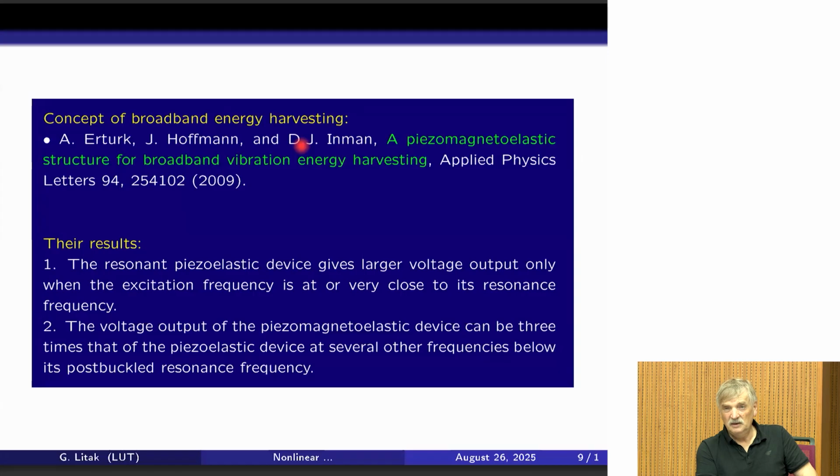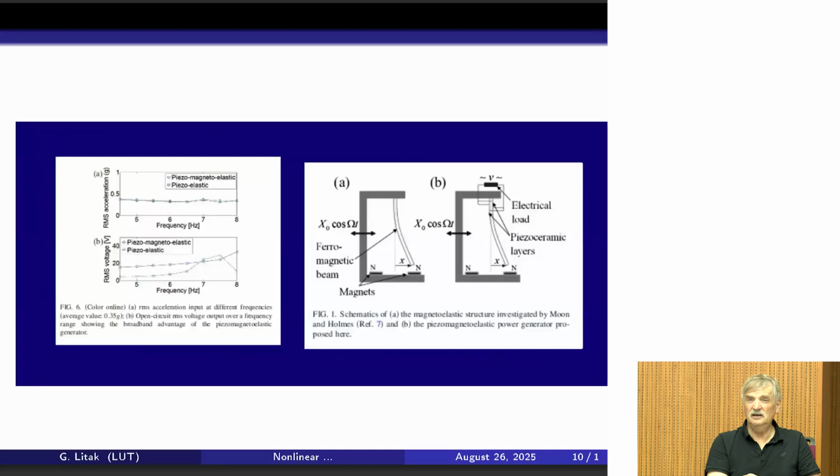This paper discussed some simple system, which you probably know from many other applications. This is the beam which can be excited. The beam is clamped to the frame, and it is excited horizontally.